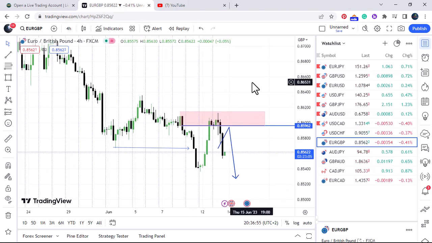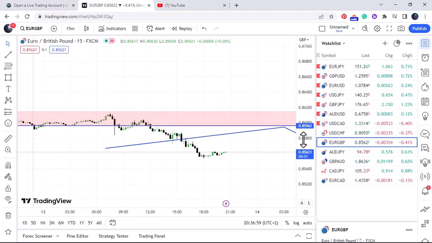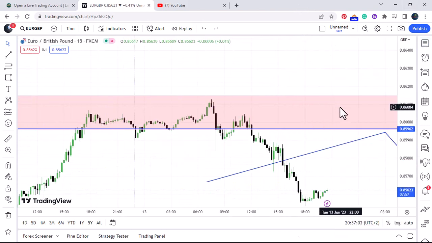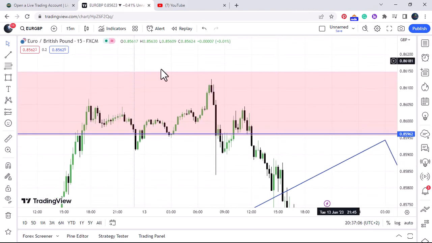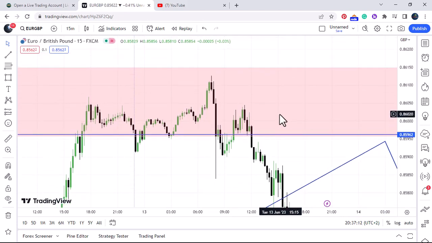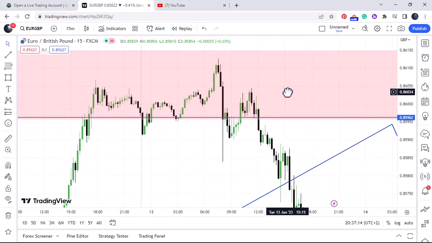So we are going to the 15-minute time frame to see what actually happened and what you would have done to take a trade. Remember, if you are taking trades, you have to be in sync with the London Open. This is a London pair, and you have to take it in the London session.